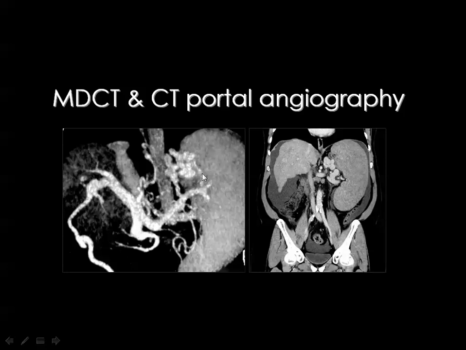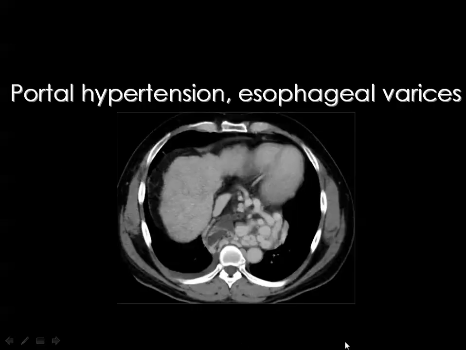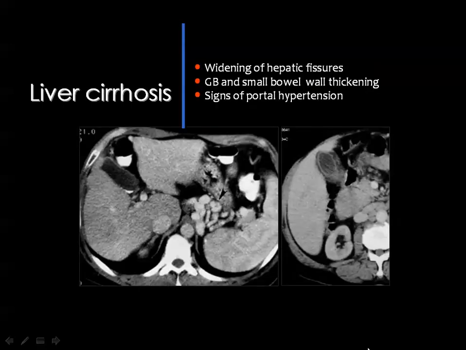The liver is shrunken, the spleen is large, and you see esophageal varices at the gastroesophageal junction. The coronal reconstructed CT image showing dilated portosystemic collaterals and the splenic hilum. And these are huge esophageal varices seen by axial CT scan, at the lower end of the esophagus, you see the markedly dilated tortuous collateral venous channels.